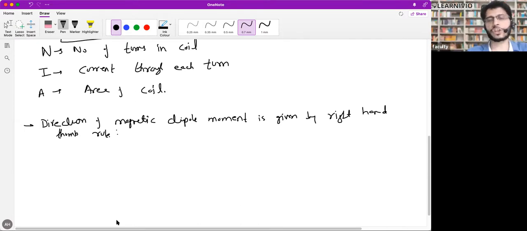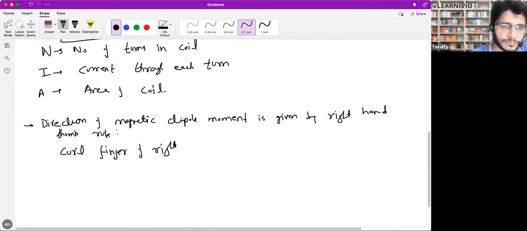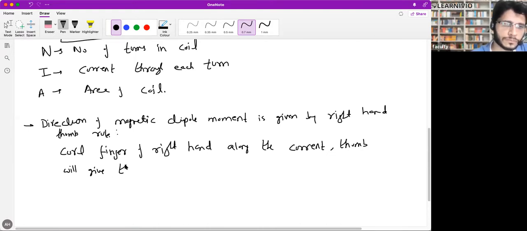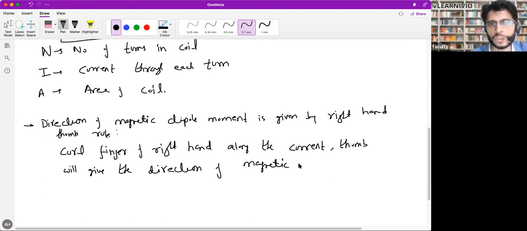The thumb will give the direction of the magnetic moment.